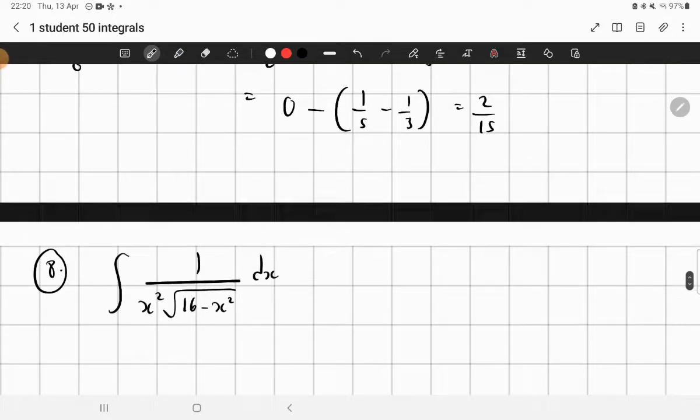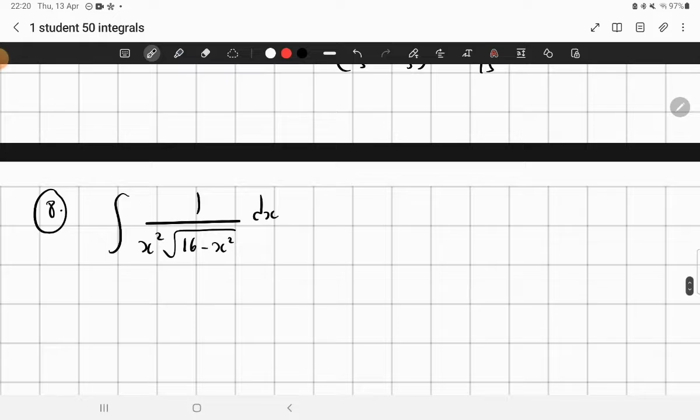Okay, directly seeing this, I can just use trig substitution. So I'll be substituting 4 sine of theta for my x. And hopefully from here I could do something, because I believe that for sine square theta it will be cosine square theta, so I have to remember back my integrals.